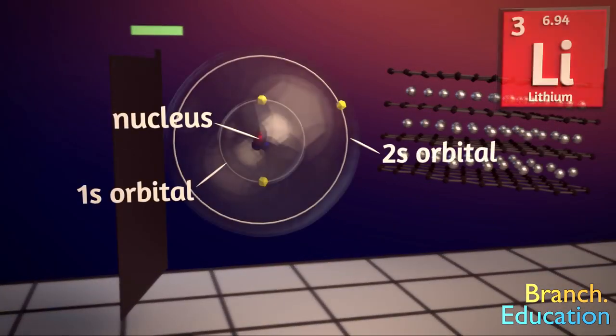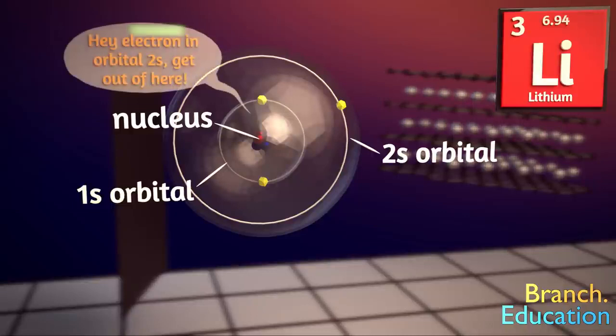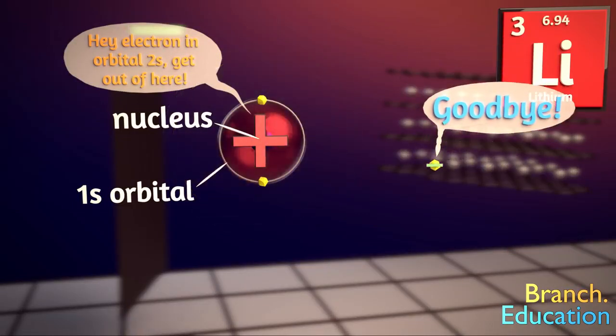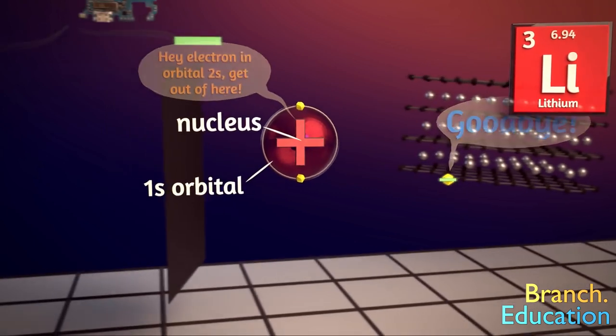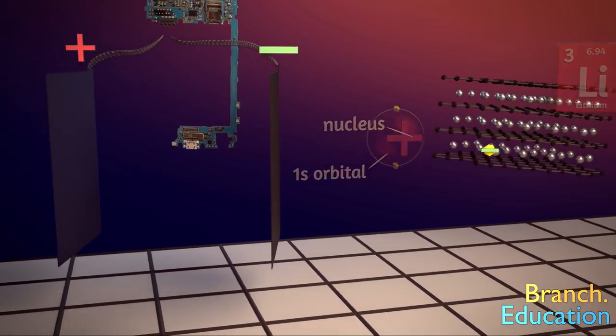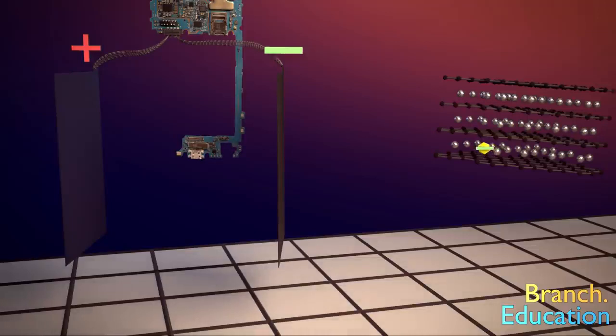Okay, moving on. One inherent property of the element lithium is that it doesn't like its outermost electron, and it wants to give it up. When there is an available path from the negative terminal to the positive terminal, this electron separates from the lithium and starts heading to the other side.